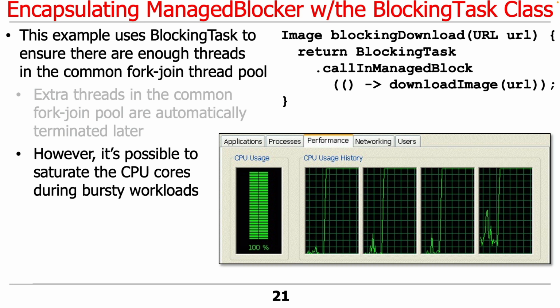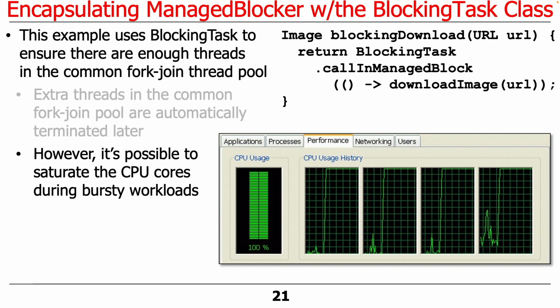But you can start to saturate the CPU cores during bursty workloads. So if you have a lot of work coming at one time, a lot of threads will be created. And even though that's often a good thing, you can end up chewing up a lot of resources by doing that. Keep in mind that the threads that are being created here are platform threads, not virtual threads. So as a consequence, they take up real space.